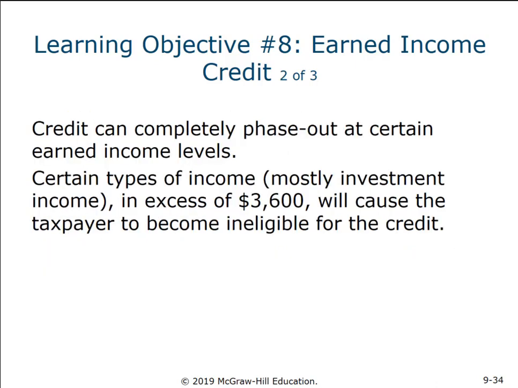Like we see in the next slide, if your investment income, interest, dividends is in excess of $3,600, you're ineligible. Okay, so you have to have some earned income. If you report 0, you get 0 credit. And so that's how it works.